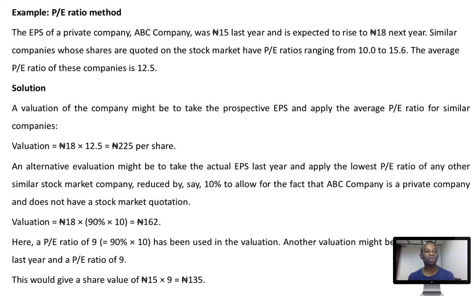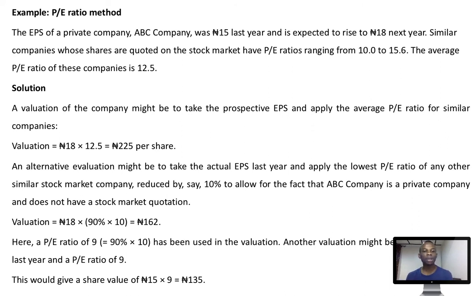The average PE ratio of these companies is 12.5. Solution: the valuation of the company might be to take the prospective EPS and apply the average PE ratio for similar companies. Now the valuation will be what? 18, which is the expected rise of the earnings, times the average PE ratio, 12.5, equals 225 naira per share.